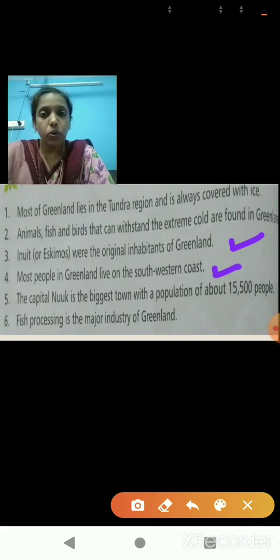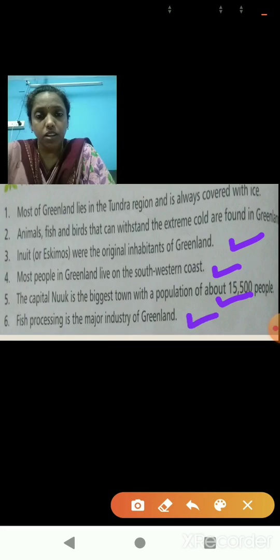Number 4. Most people in Greenland live on the southwestern coast. Number 5. The capital, Nuuk, is the biggest town with a population of about 15,500 people. Number 6. Fish processing is the major industry of Greenland.